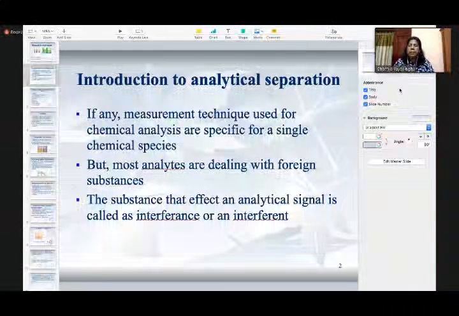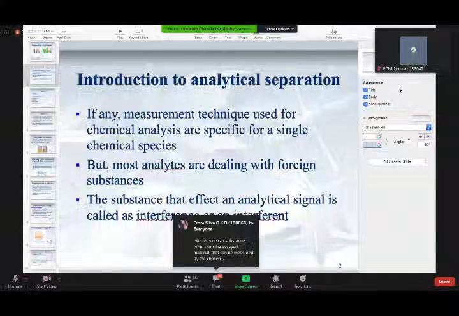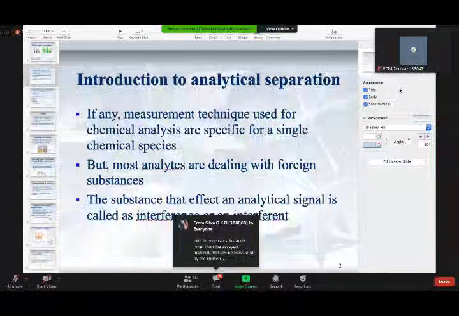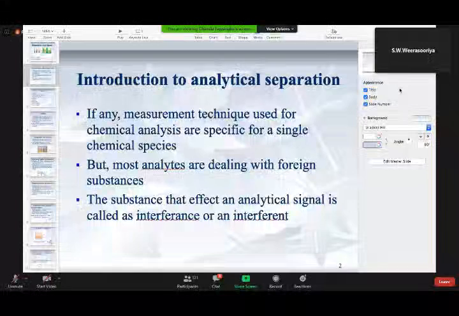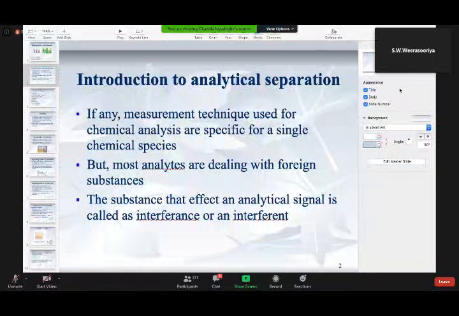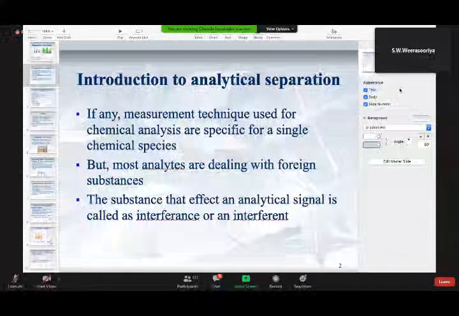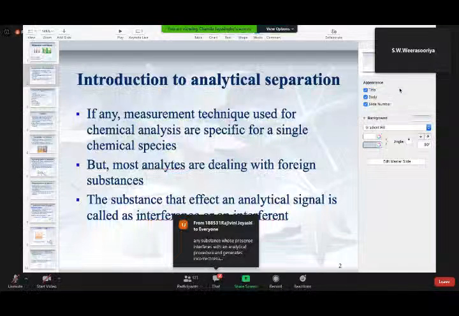Veerasurya, how can you explain this interference and interferent? Hello, madam. I think the interference means the substance that is interrupting what we need to analyze.